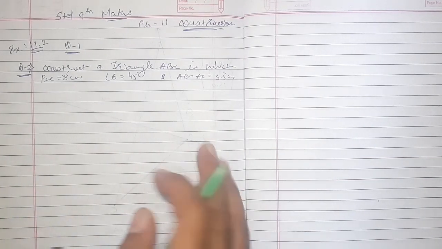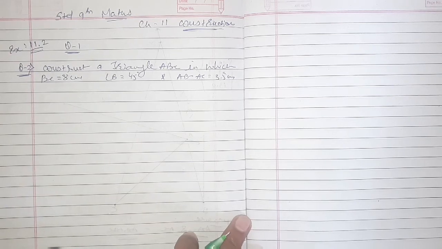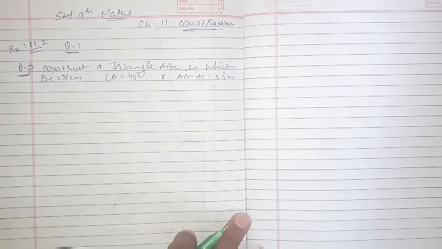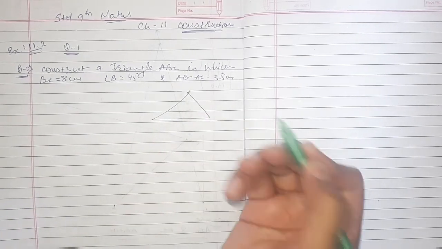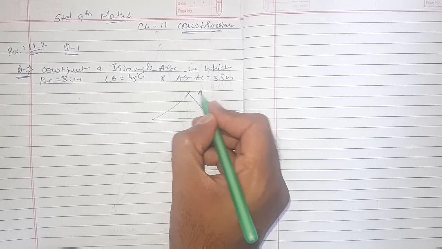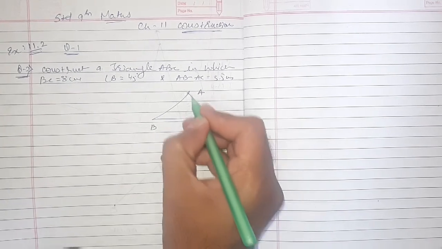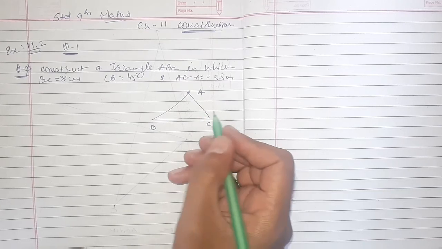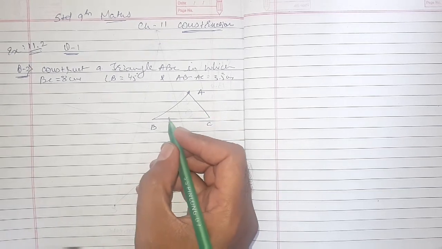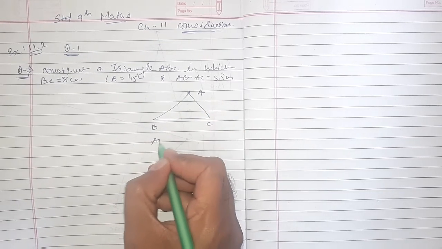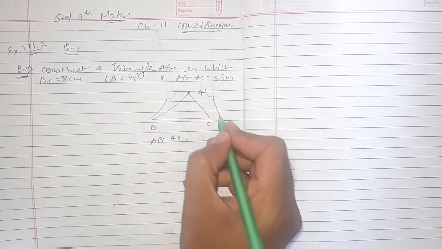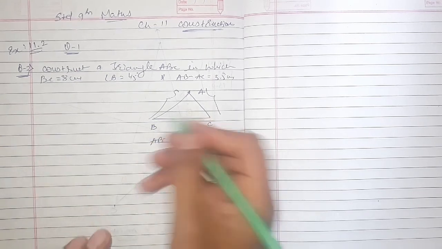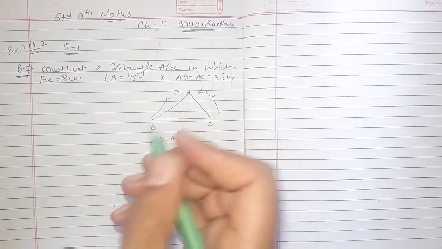First of all, I'll give you some information about the subtraction. Here is my rough diagram ABC. Here it says AB minus AC, that means left hand side minus right hand side.